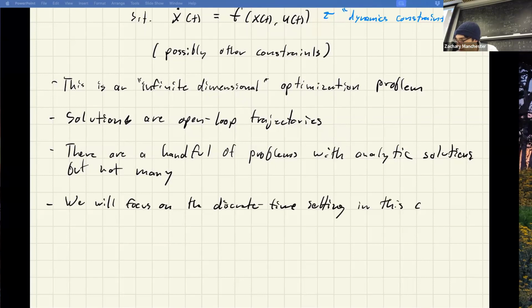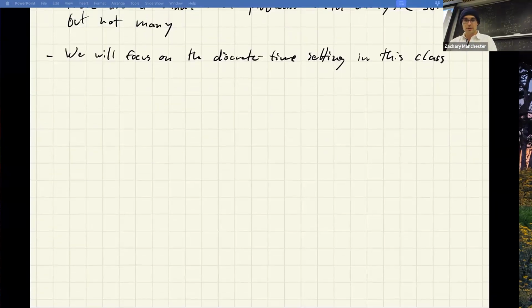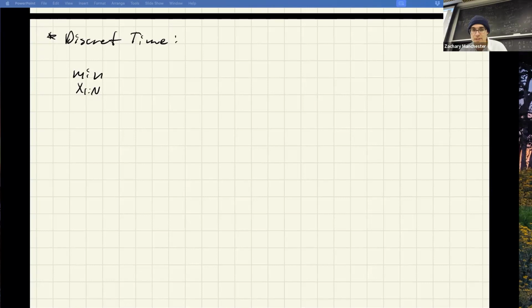Okay, cool. That's that. So now that I said that, let's write this thing down in discrete time. I think I'm going to just go to a new page for that. Okay, so discrete time. It's sort of obvious what this is going to look like. Same thing, but instead of x of t, I'm going to have x of 1 to n, n time steps. And then I'm going to have u of 1 to n minus 1, it turns out, in discrete time.